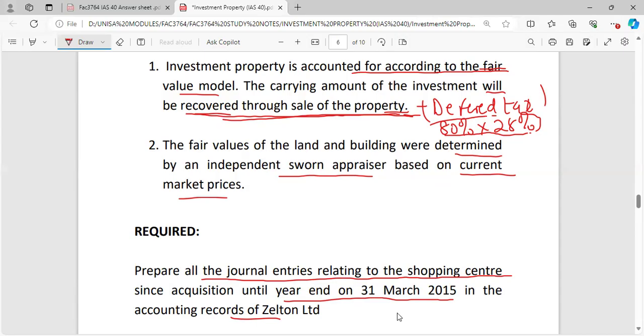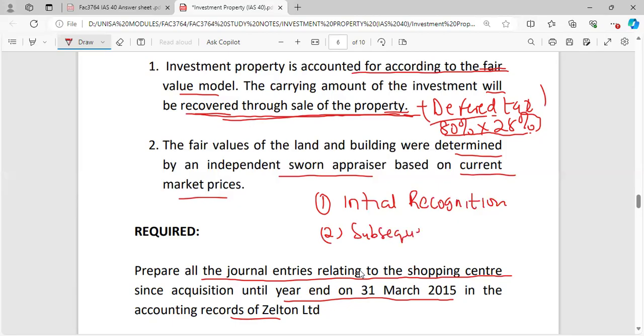So when you have your PPE and your investment property, and they require you to do journal entries to record since acquisition until year end, it means you are recording at initial recognition and subsequent recognition.